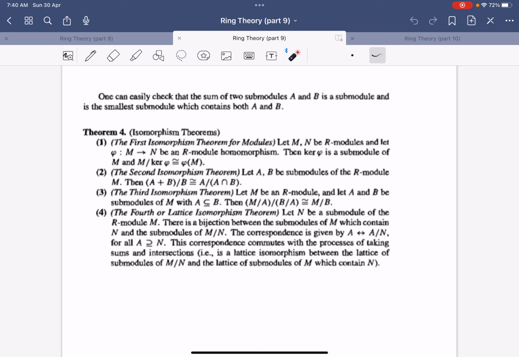So there's not much detail that you don't already know. You can read it in the book if you want to, but you can just take it that these are true because you've already seen them for groups and rings.